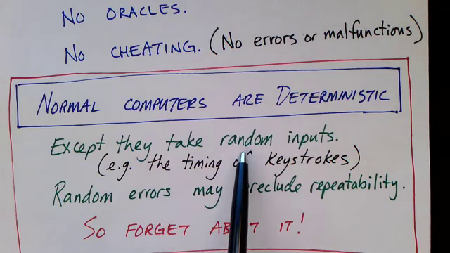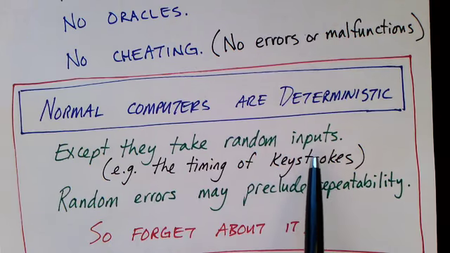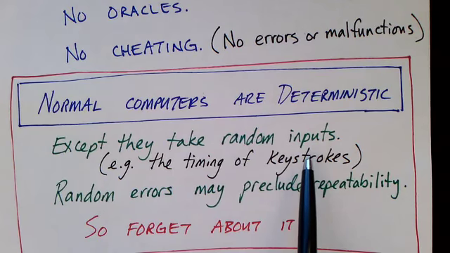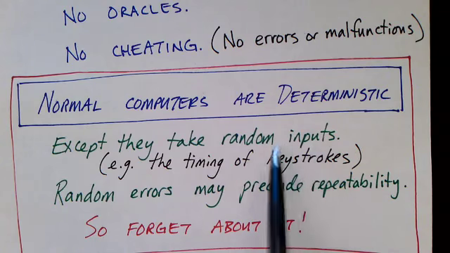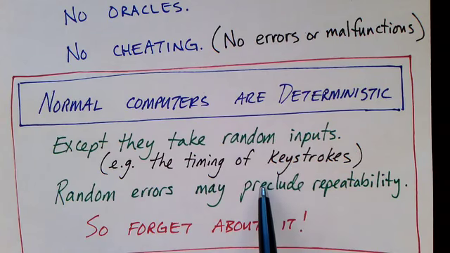Modern computers take lots of random inputs: how the mouse is moved on the screen, how the keystrokes are hit, the timing of things. The net provides a level of randomness as well. So you cannot really repeat the exact same input to a program more than once. We also have random errors.